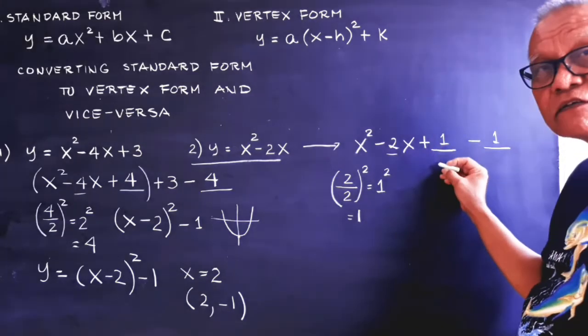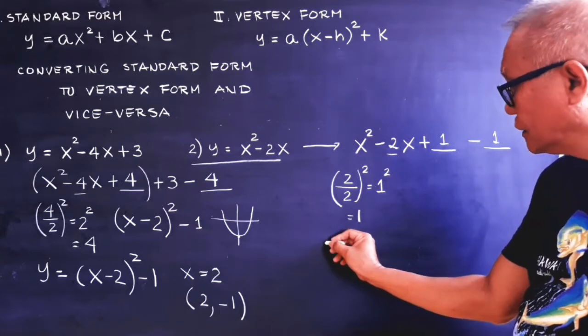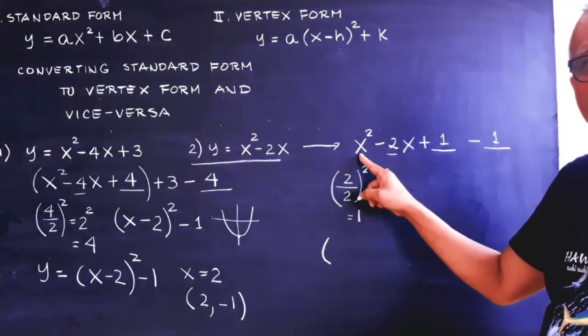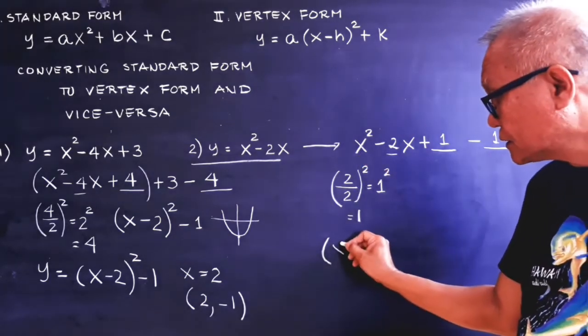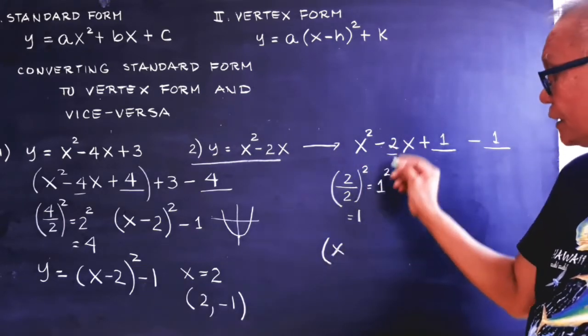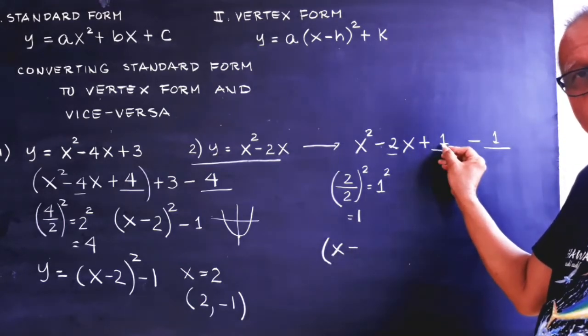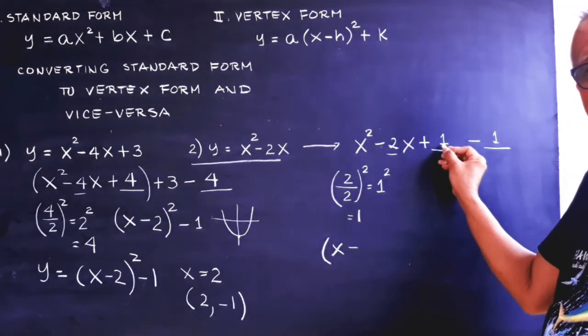So this one is a factor here. So here, plus, I put here, square root of x squared is x, because x times x is x squared. Copy the minus here, and then square root of 1 is 1, because 1 times 1 is 1.